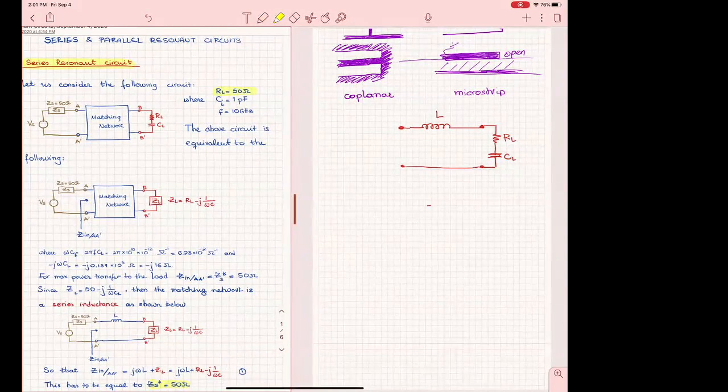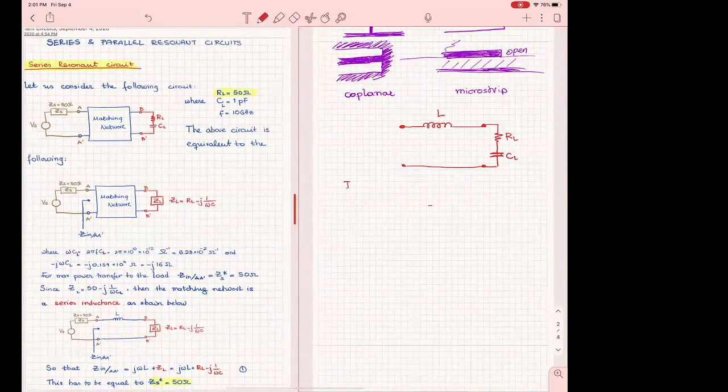Okay. So I can do this, let me write it down so you remember it. I can do this, only an inductor L, because R sub L is 50 ohms.